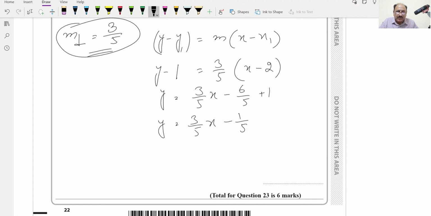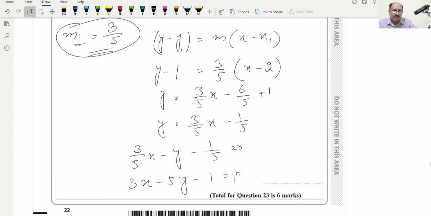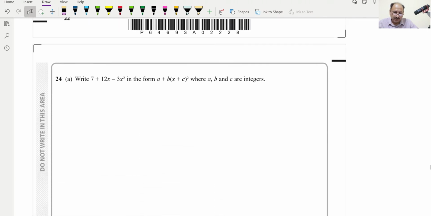So we can rewrite like 3 over 5 x minus y minus 1 over 5 is equal to 0. We multiply everything by 5, we will get 3x minus 5y minus 1 is equal to 0, and this will be the final equation which we can write as our answer. This will be the final answer for this question, which is a 6 marks question.